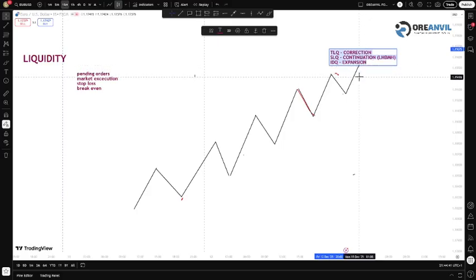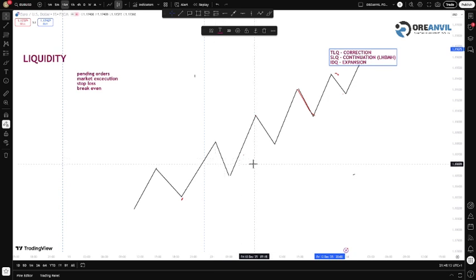Just that if you don't understand the trend or the direction of the market, you might find it difficult to identify between them. It will be confusing, but if you can identify the direction of the market, that okay, we are currently on an uptrend, then transactional liquidity is responsible for correction.